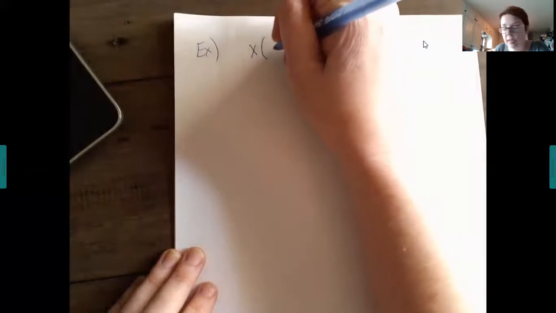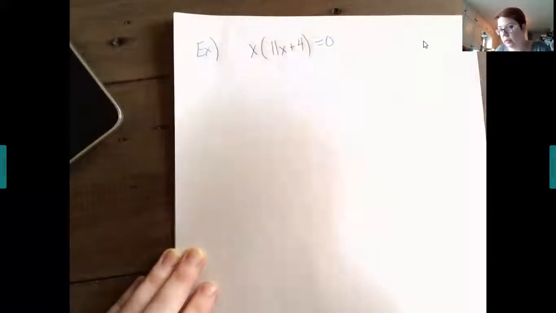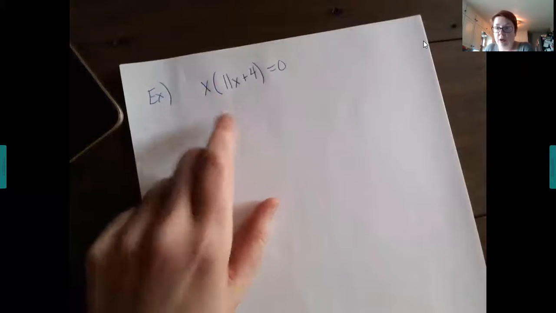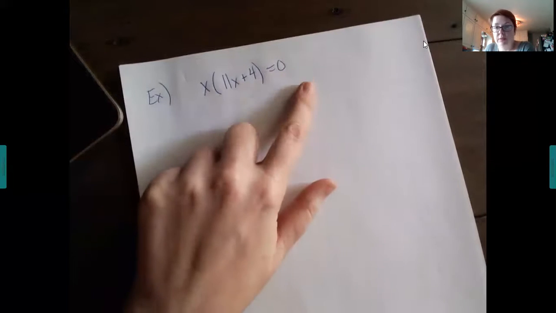And if they look a little bit different, it's still the same process. So if we have something that looks like this, again, they like to use lots of different letters. I'm just boring. I like to use x. So even though this isn't like a group of something, it's still a variable. It's still saying x times whatever this is equals 0.